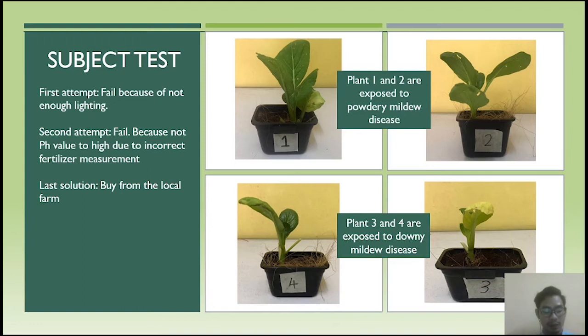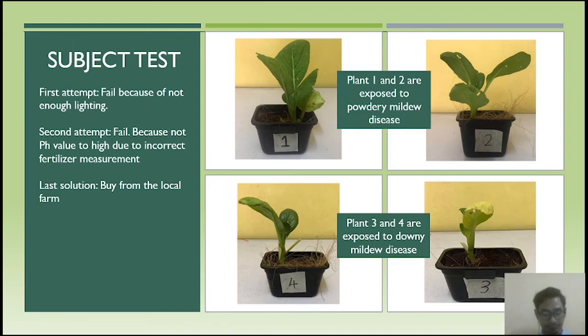The second attempt also failed because the pH value in the liquid fertilizer was too high, causing the choisam to die. Lastly, after discussion with the SV, this project decided to buy the choisam from a local farm.